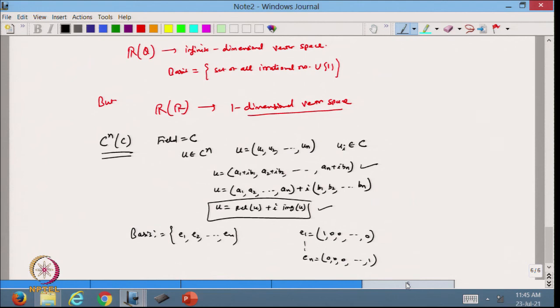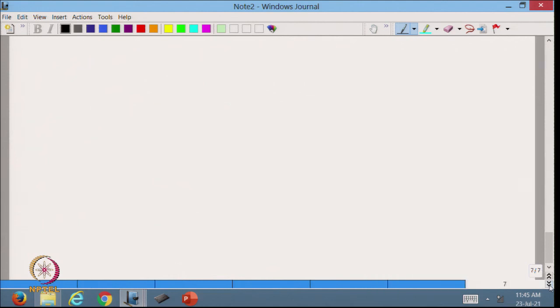So, if you take any complex vector, I know that I can write u as a1 plus i b1, a2 plus i b2, an plus i bn. I can write this as a1 plus i b1, this is the scalar I am taking, multiplied by e1, plus a2 plus i b2 taking the scalar, multiplied by e2, and an plus i bn multiplied with the vector en.